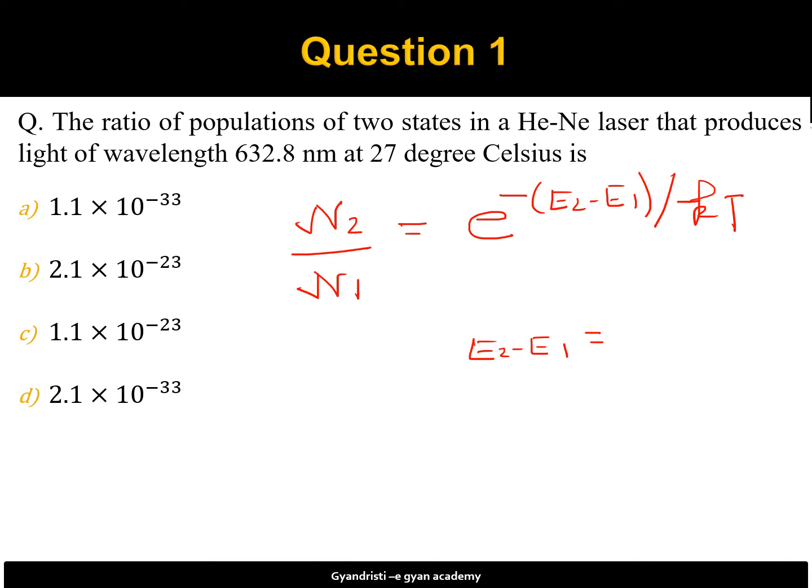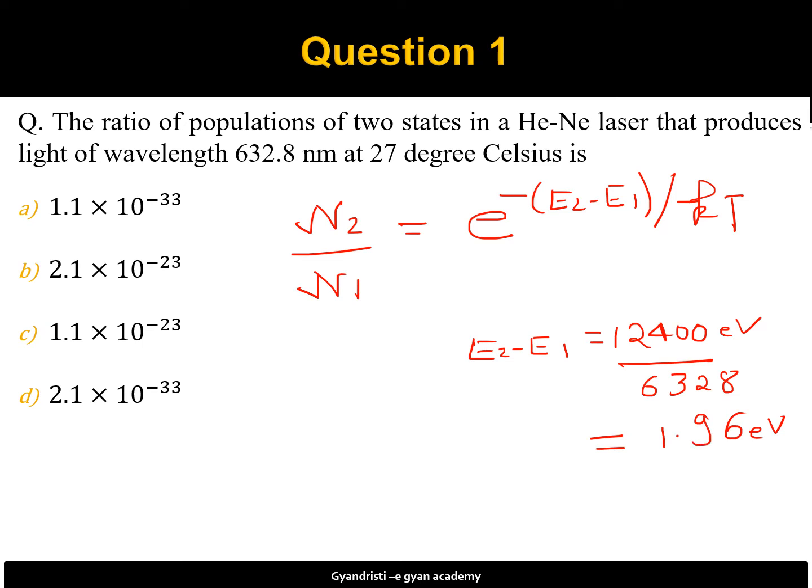can be calculated by 12,400 electron volt divided by lambda. So lambda is here 6328. So this will give E2 minus E1 in electron volt as 1.96 electron volt.